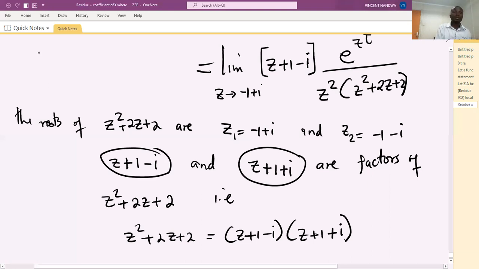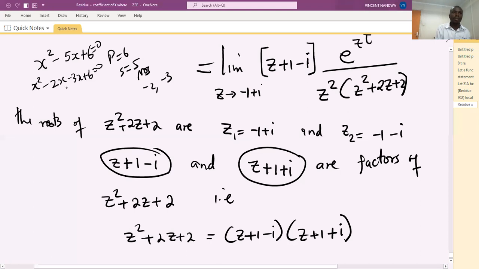Just like when we are told x squared minus 5x plus 6. So this quadratic product is 6, sum is minus 5, numbers are minus 2, minus 3. So x squared minus 2x minus 3x plus 6 equals 0, then x minus 2 and x minus 3 into x minus 2 equals 0.